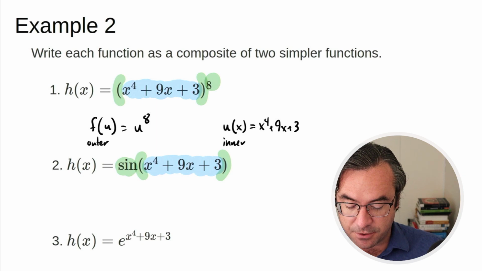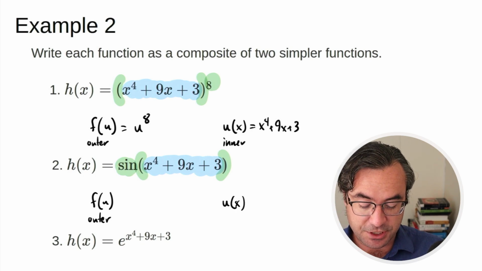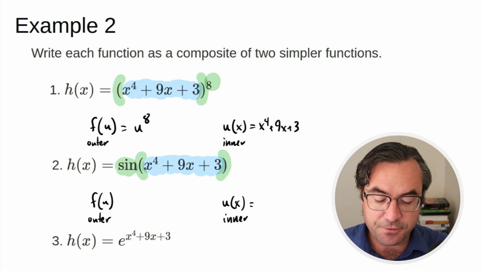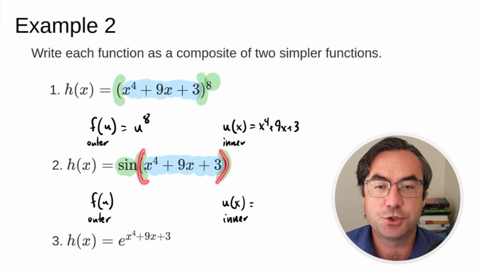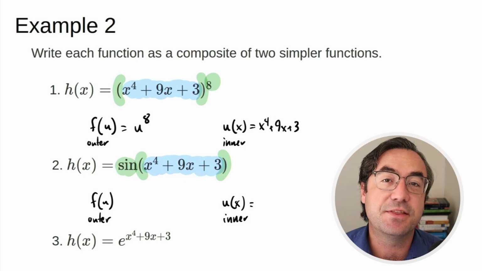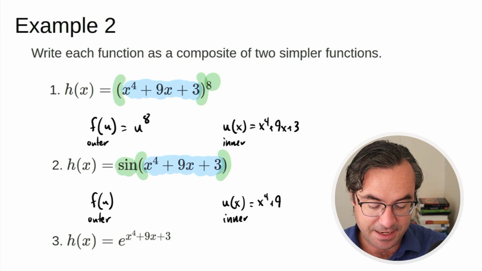We want to find our outer function and our inner function. We're actually going to start with the inner function. So the inner function, we see this nice juicy set of parentheses, and it's all that stuff that's inside the parentheses. So it'll be the x to the 4th plus 9x plus 3.